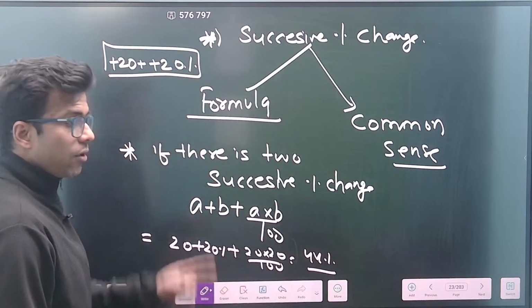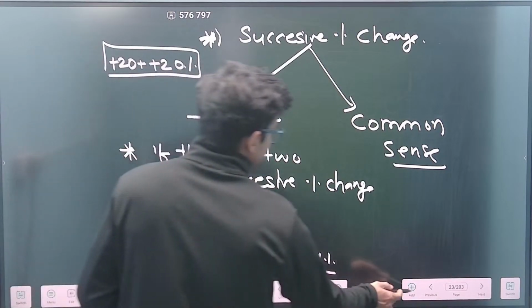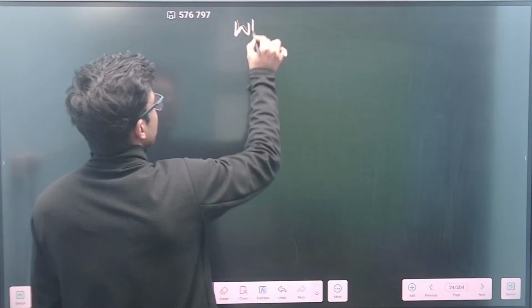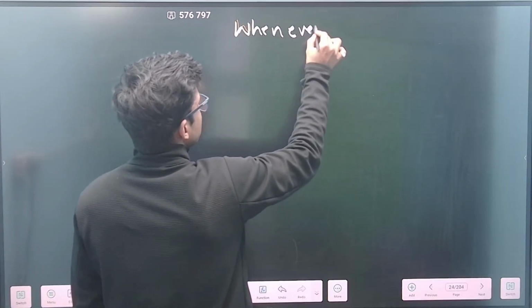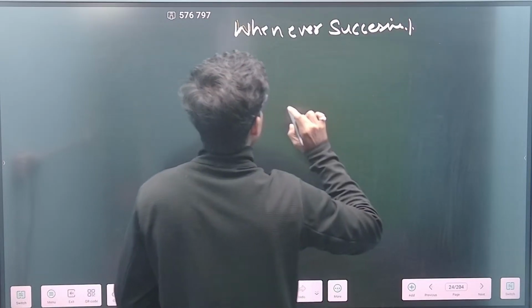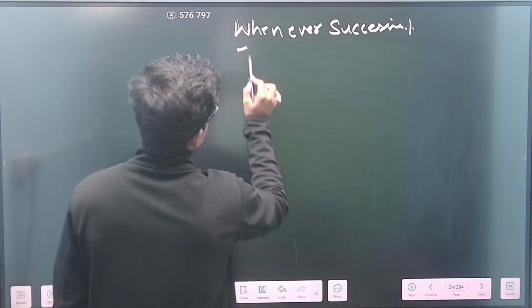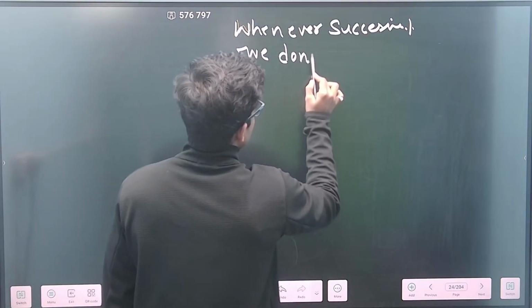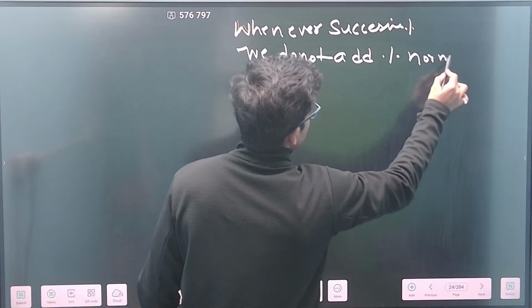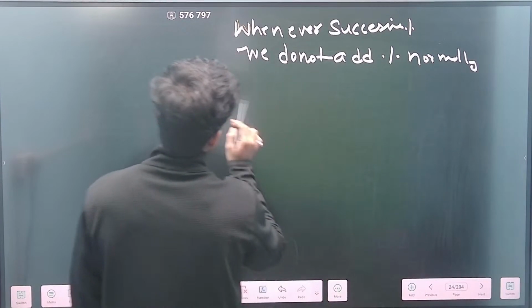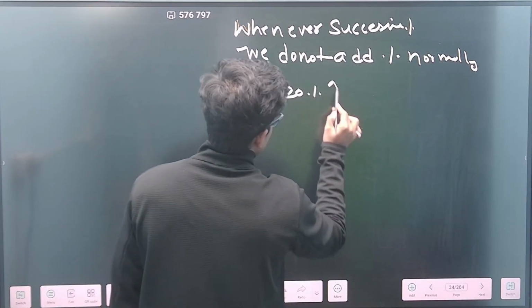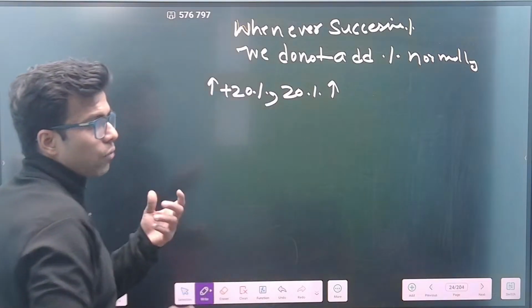I hope you are getting my point. Not 40%. See, whenever successive percentage comes, we do not add percentage normally. Suppose they are saying 20% increment, then 20% increment, means they both are increments and they both are successive.